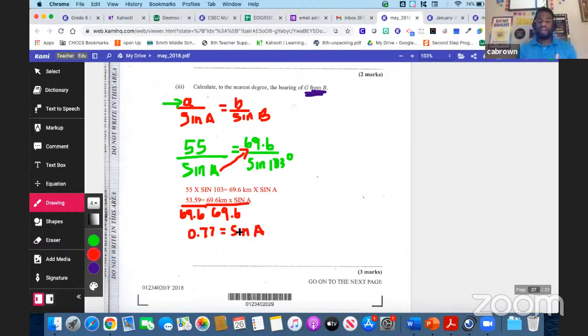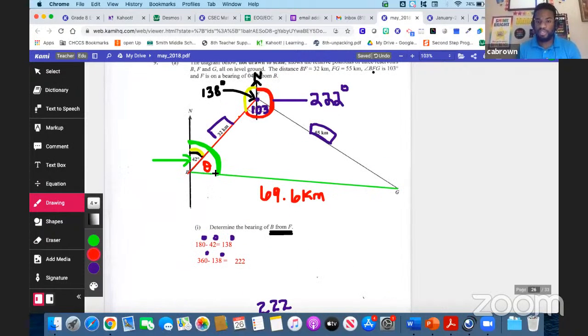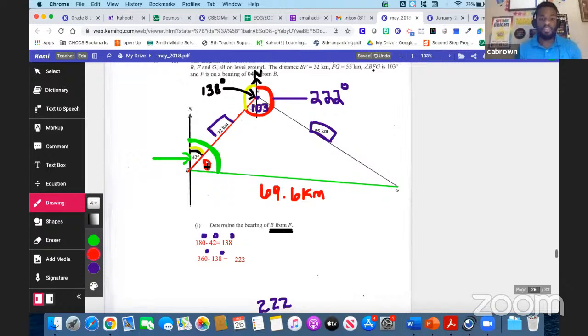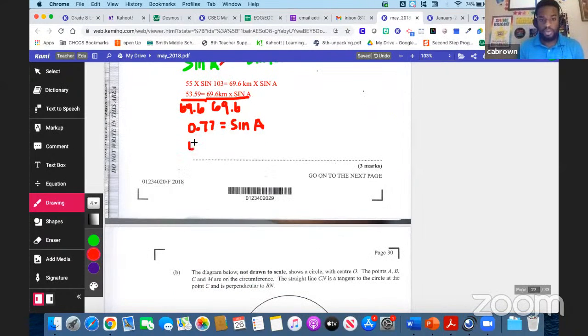Now, 0.77 does not really look like the measure of an angle. Because we need to find the measure of an angle, we're going to have to find the inverse sine of 0.77. To do that on your calculator depends on the calculator you're using.